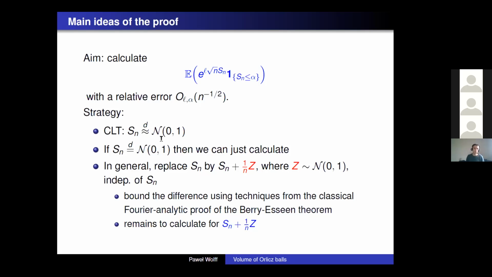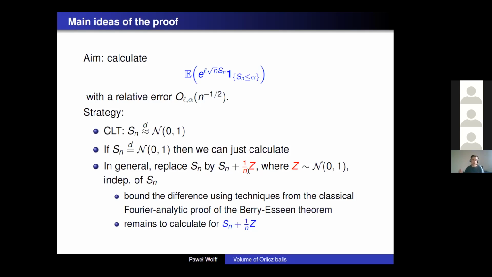What we'll do here is replace at first Sn by a smoothed version of it. We'll smoothen Sn by a small Gaussian term. Z stands for standard normal, rescaled by 1 over n, and it will be, of course, independent from Sn.